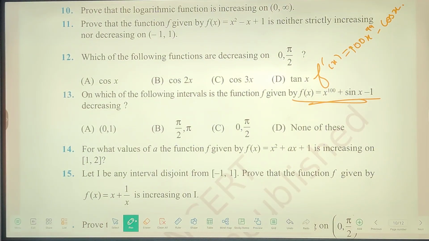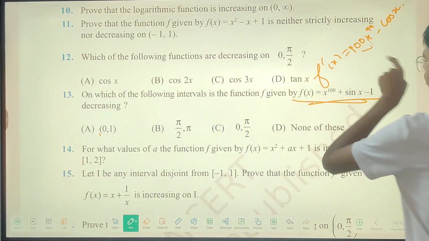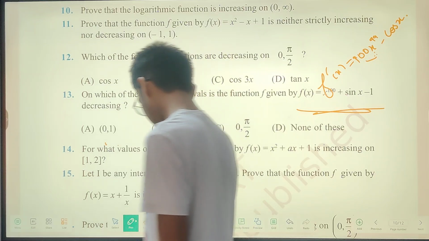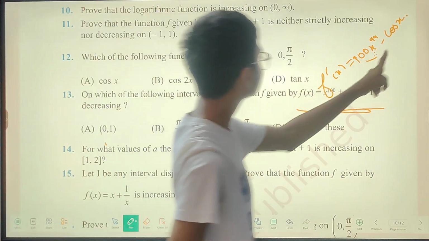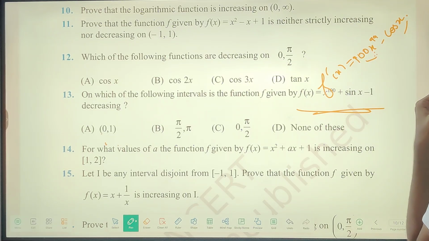For example, when you put 0 to 1, here it will always be positive. That you need not take. Here for this one it will be positive, but what about here? Is that radians? Because to put 0 to 1, here it should be inverse.